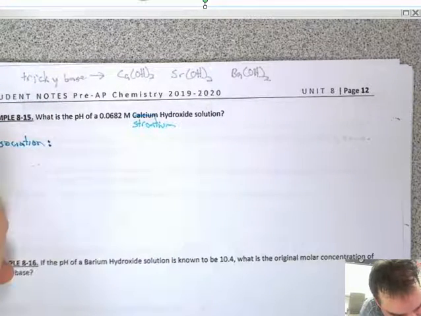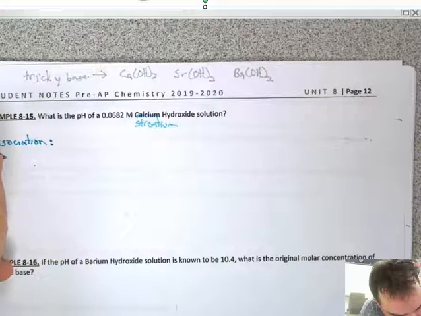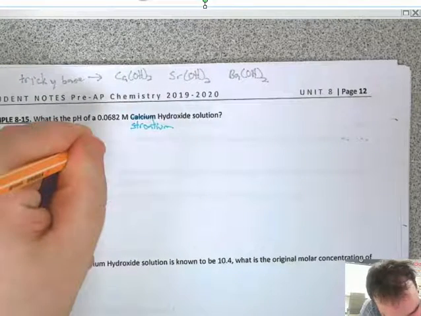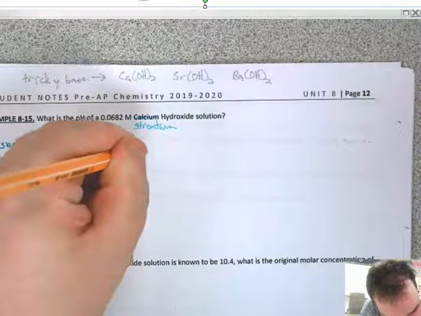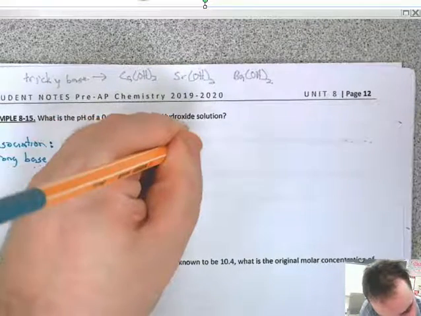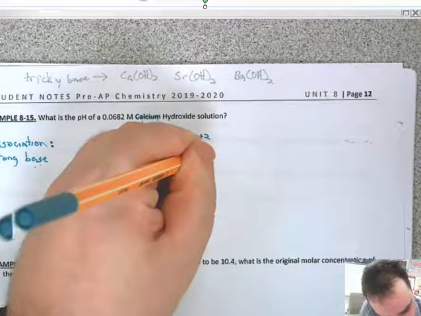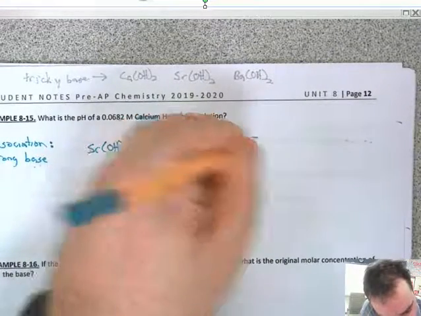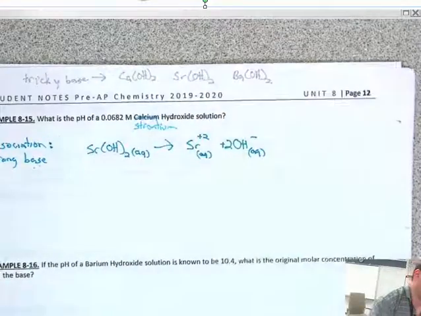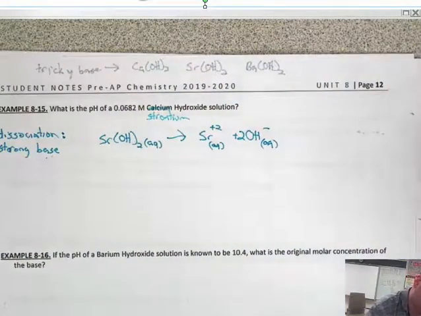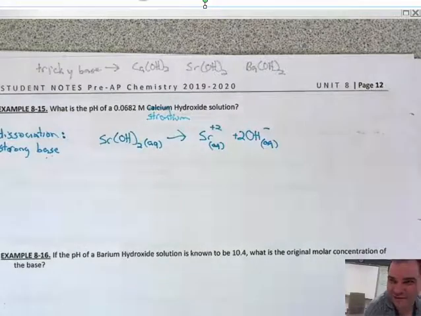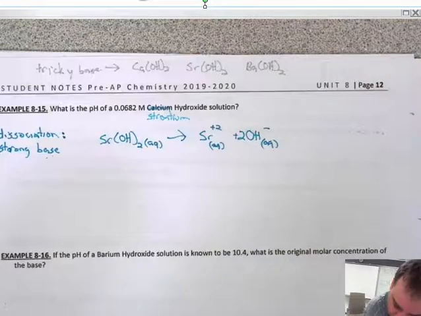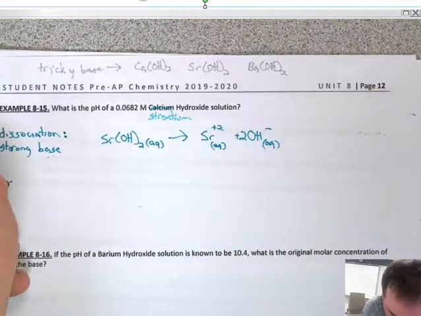Since this is a strong base, strontium hydroxide is going to be aqueous and is going to dissociate into strontium ion and into hydroxide ion, 2 of them, correct? And I think technically it's ionization, dissociation. Dissociation, I think, is technically for ionic compounds. Ionization is technically for acid bases. Okay, whatever.